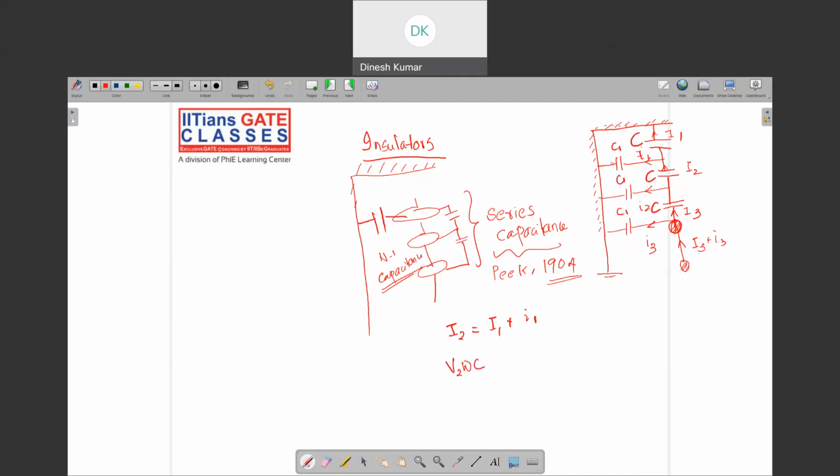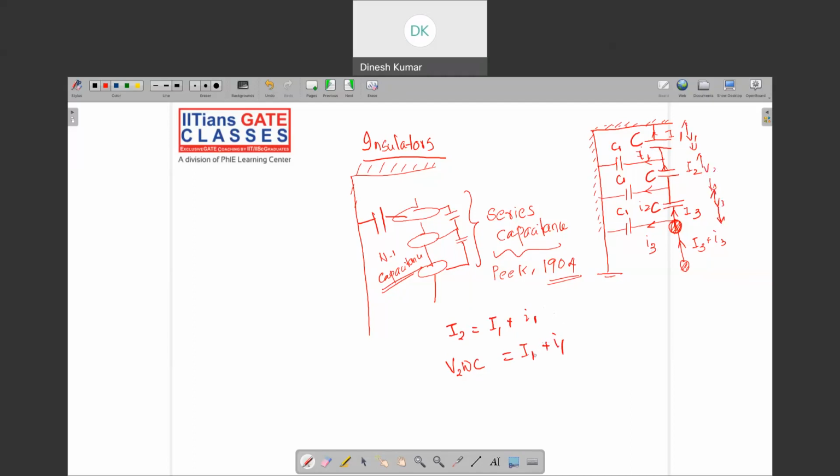These are the self capacitances, and these are the mutual capacitances. V2 omega C equals I1 plus I1. Assume that this potential is V1, this potential is V2, and this potential is V3. These are the potentials across each disk.